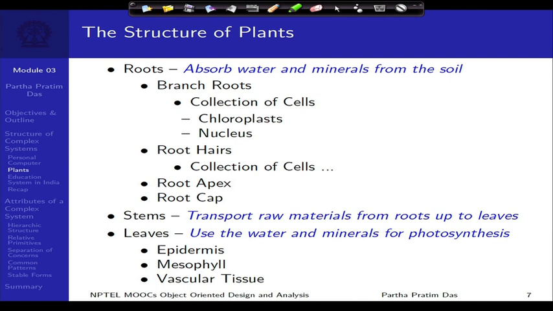Similarly, if we look at leaves, they are formed of subsystems defining epidermis, mesophyll and the vascular tissues. Similar decomposition is possible for stems and so on, in multiple layers. So, this is what we find in a natural system, and again, if we look at how this is implemented, we see that the building blocks are few.